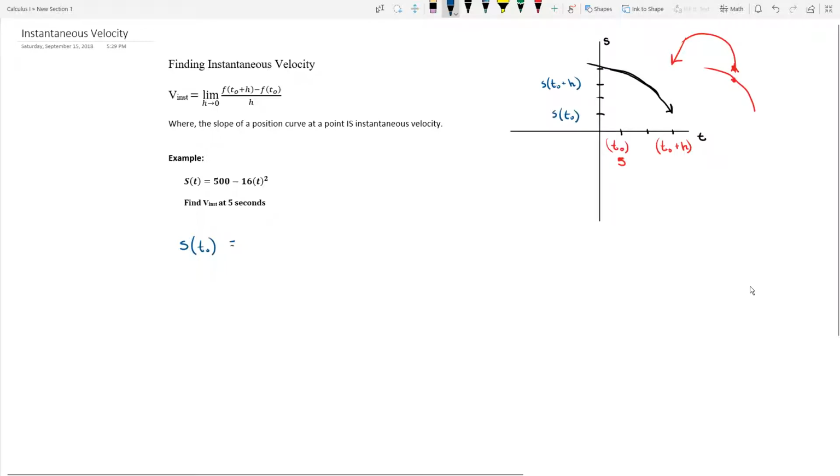And we know that t sub 0 is 5. Therefore, we can say that s of 5 is going to be equal to 500 minus 16 multiplied by 5 squared.